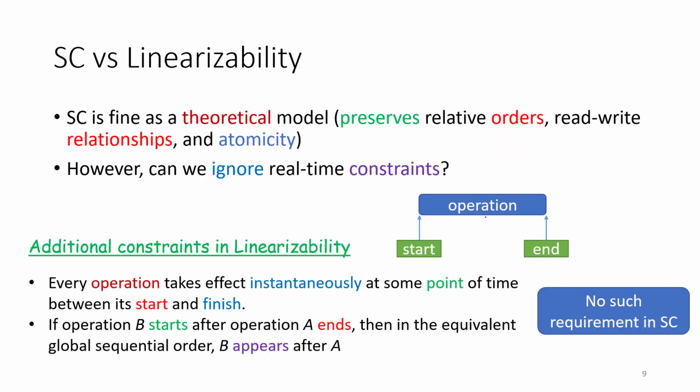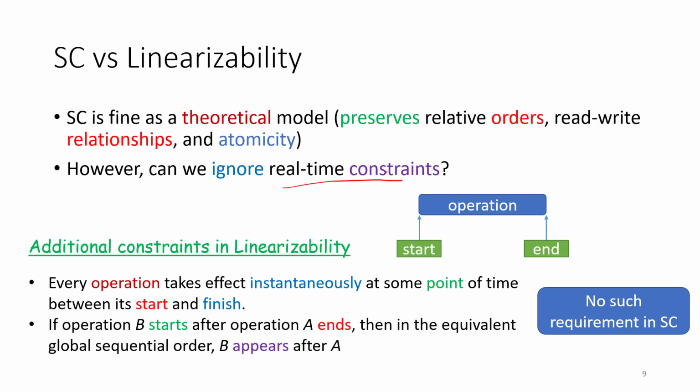Whenever we are fine with just the relative order, we will accept any outcome that sequential consistency gives. But the issue is that SC is more of a theoretical model because it preserves relative orders, read-write relationships and atomicity. We call it a theoretical model primarily because it ignores real-time values and constraints, right? So that's the reason we ignore it.